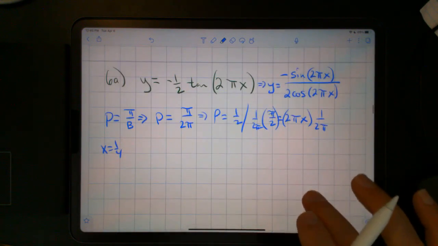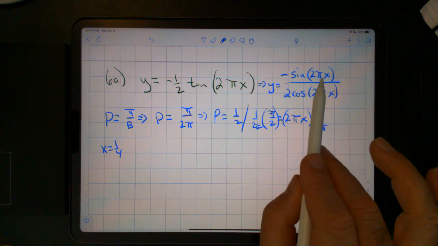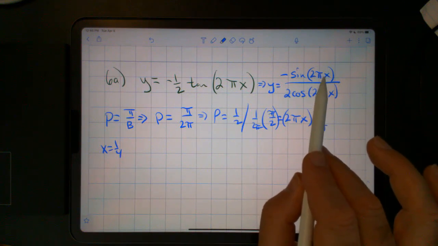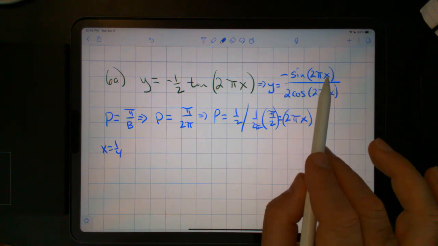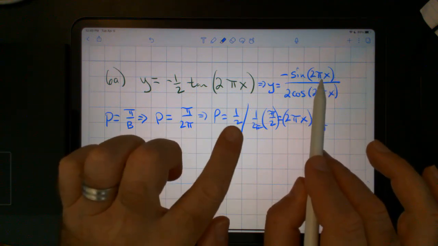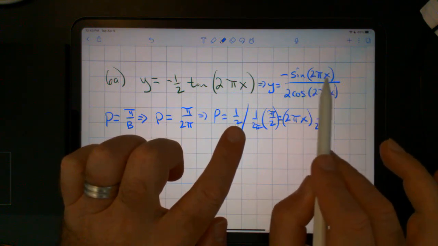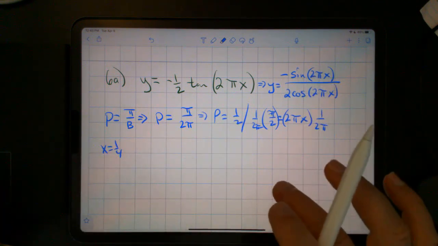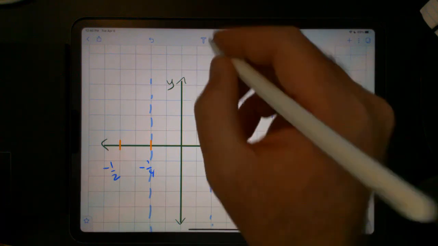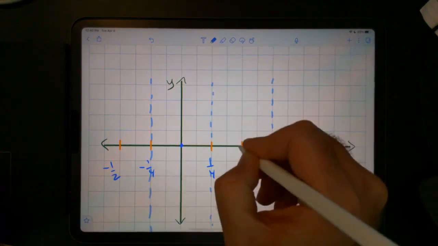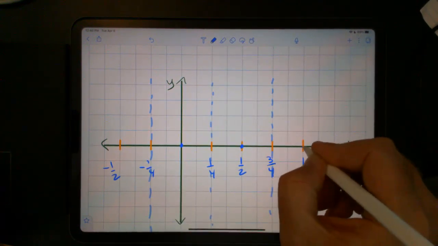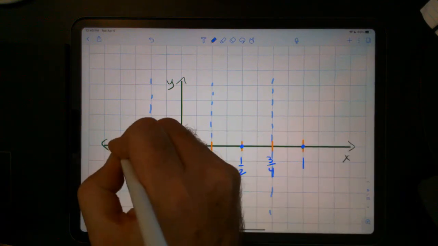The numerator: when x is 0, sine of 0 is 0. And then when x is 1/2, the period is 1/2, sine of pi is 0. So we're looking at 0, it crosses the axis, and every 1/2 unit is the period.